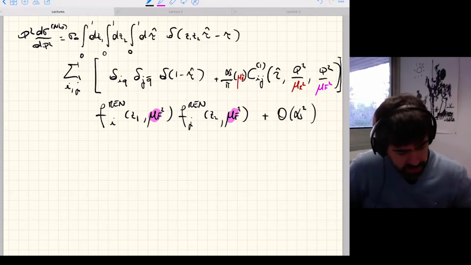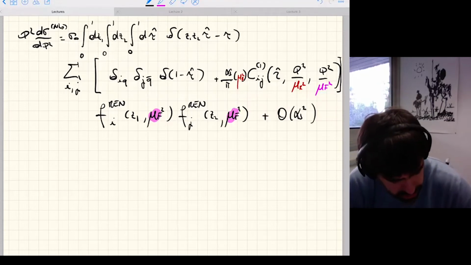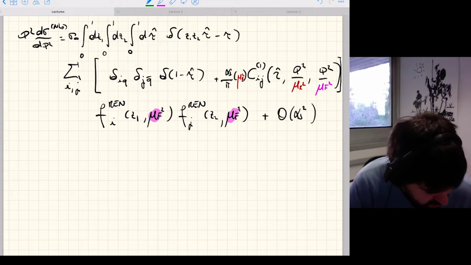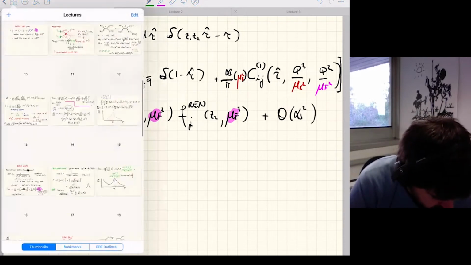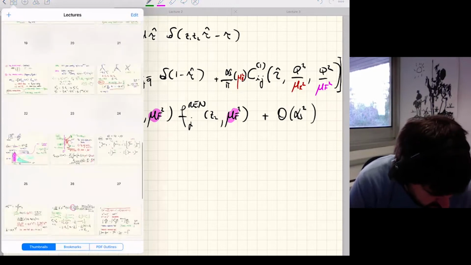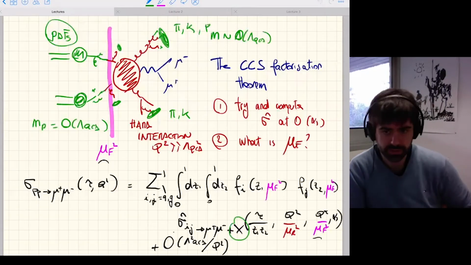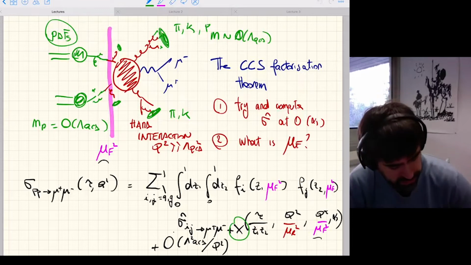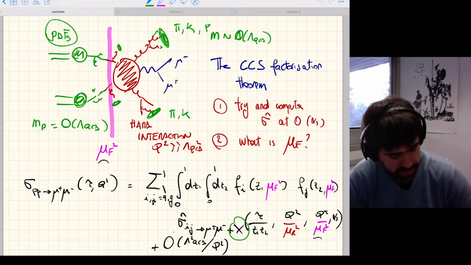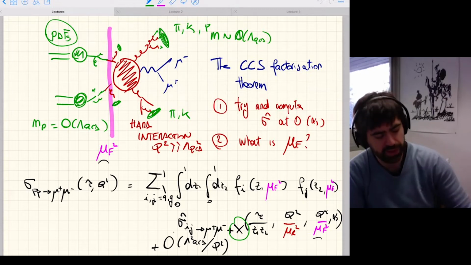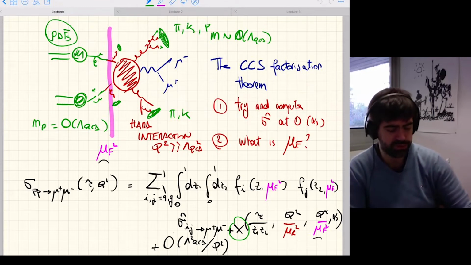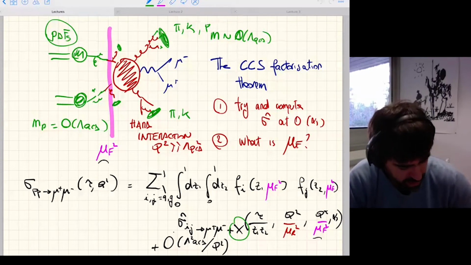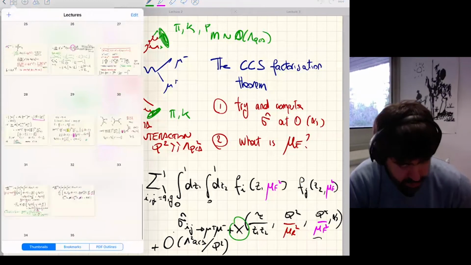If you remember, if you go back to the picture that I wrote when we started this calculation, I'm just going to show it to you, which was the picture of this factorization theorem. You see that I have my proton coming in, and there are some green parts, which in my color code is non-perturbative, and then they become perturbative in red. And then I drew this line with this mu f. Now I can make a little bit more sense of that drawing.